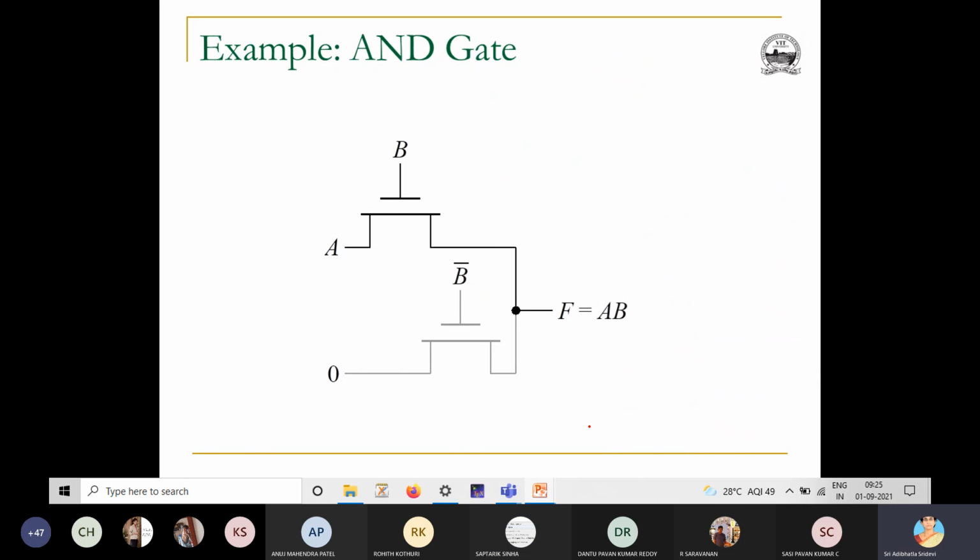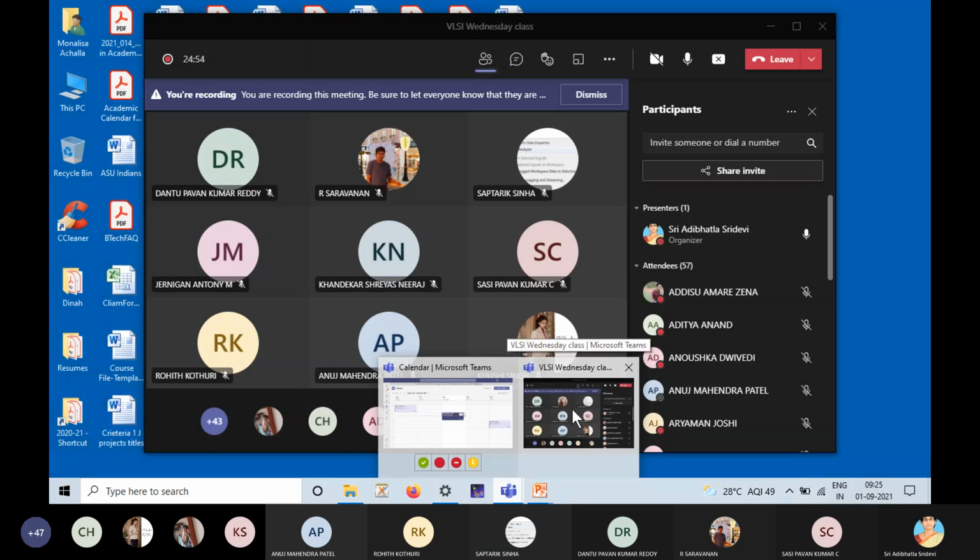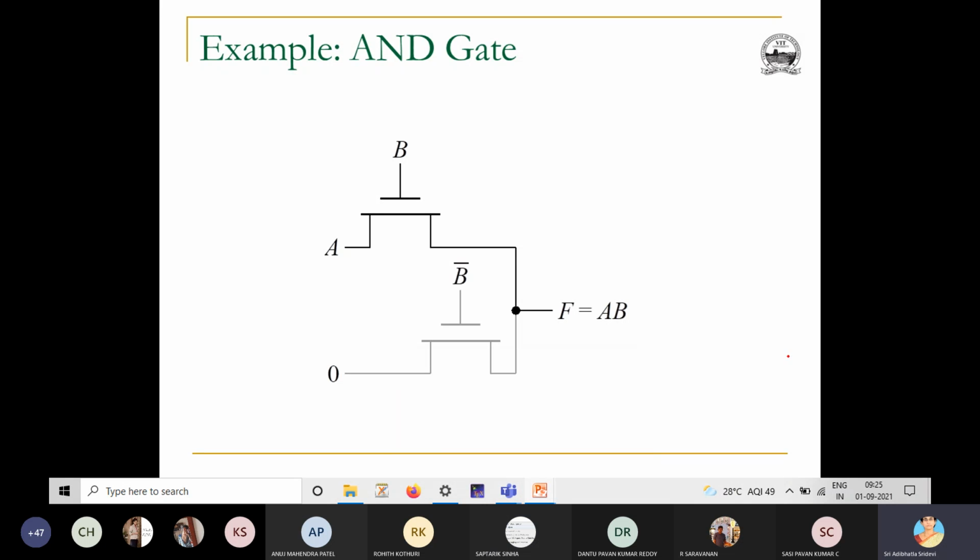So can I go further to the next topic, or do you still have any doubts? Yeah, ma'am, you can continue. So far we have seen all combinational logic circuits, right?